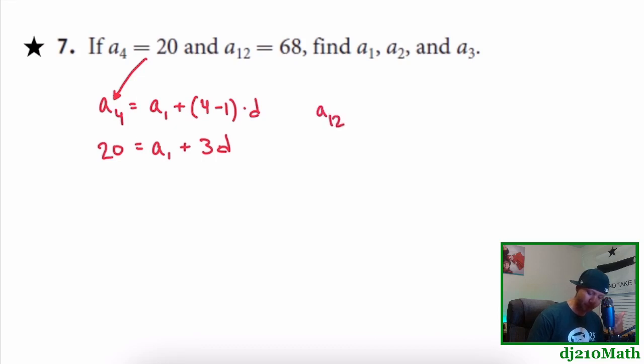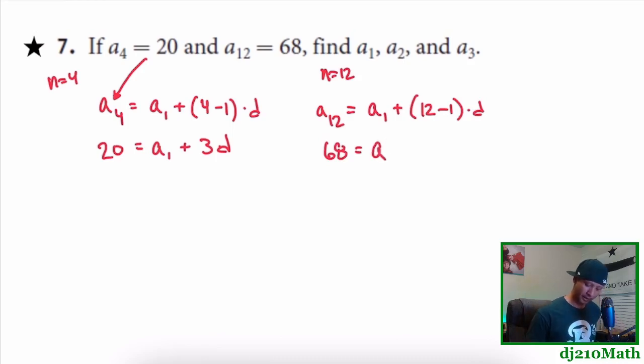A sub 12, on the other hand, would also be a sub 1 plus 12 minus 1, because n is 12 in this case. In the first case, n was equal to 4. Second case, n is equal to 12. So this is going to be 68 is equal to a sub 1 plus 11 times d.